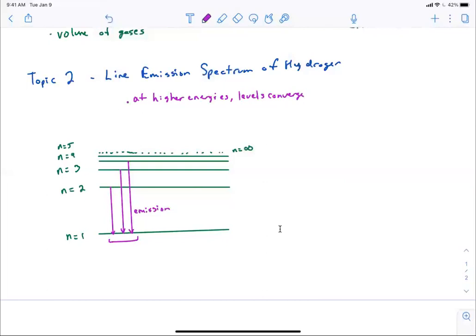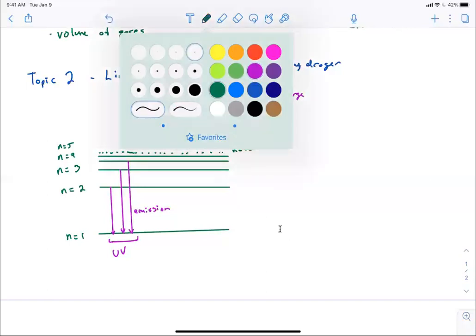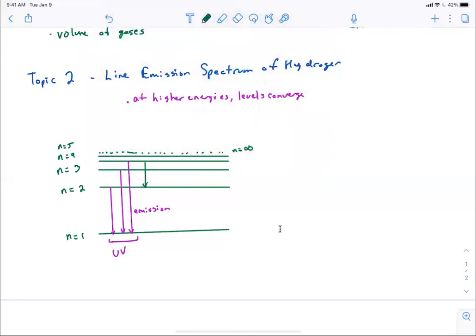And this is where your UV light comes in, which is the highest of the relative electromagnetic spectrum that we have, between infrared, visible, and ultraviolet. Ultraviolet is the highest energy. Going down to 2 is visible. And then going down to 3 is infrared.